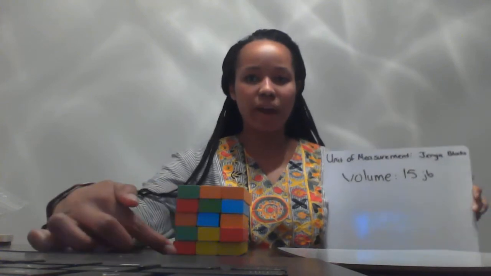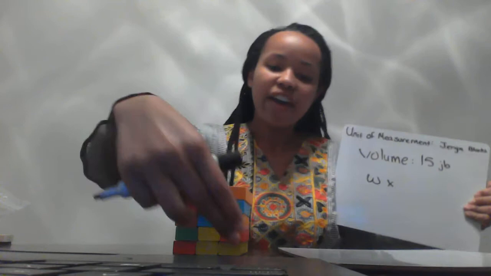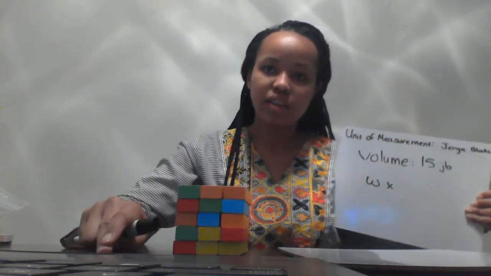Now, when I do this, I realized, hey, I have this row right here. This row kind of reminds me of the width of a square. So I'm going to put down a W for width. Now I need to figure out, if I have this row of 3, what could I multiply that by to get the rest of my Jenga blocks?